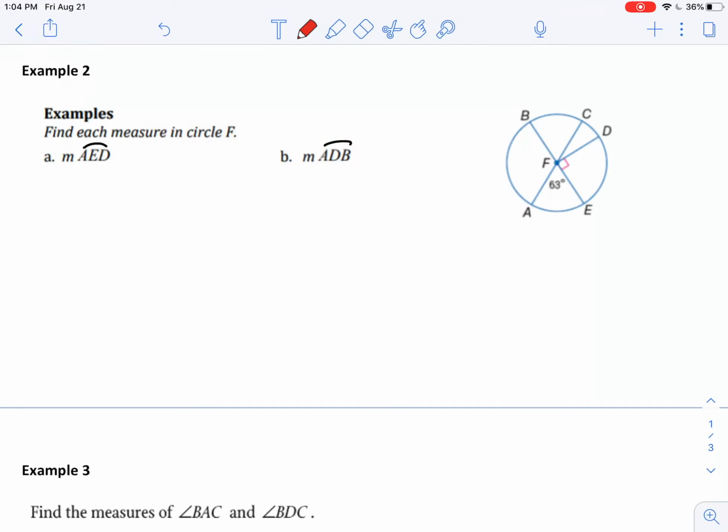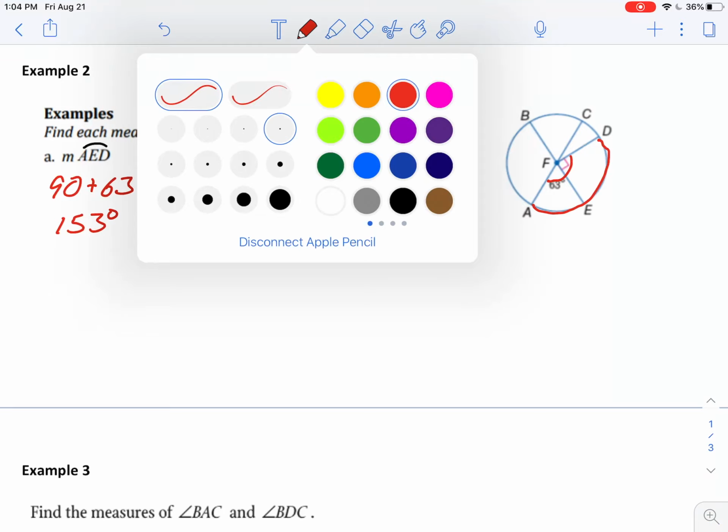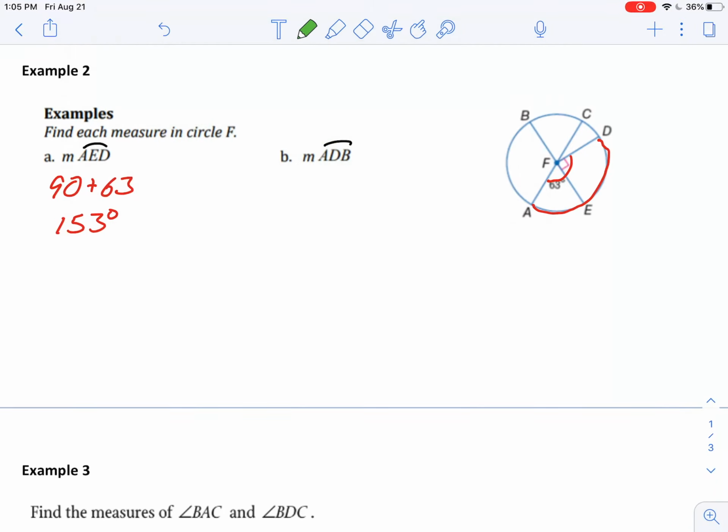So, first things first, AED. So that's this central angle, so it looks like it's 90 and 63, which is 153 degrees. ADB, so that's all the way around here.